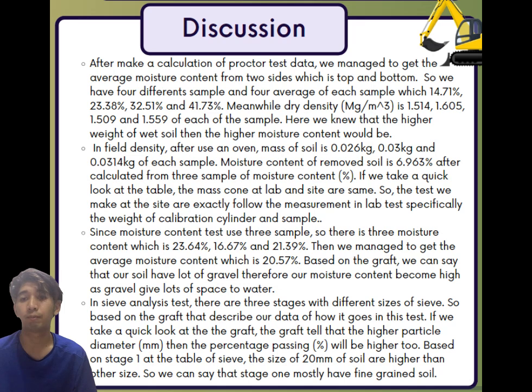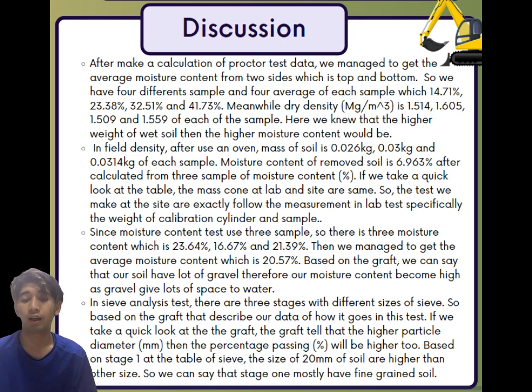To complete this test, we need to plot a graph based on the sieve analysis table that we have filled up. When we plot the graph, we can identify the type of our soil sample.